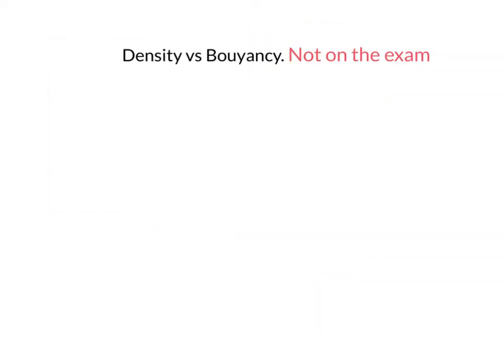As I mentioned, we can use density to decide whether something will sink or float. And whether something sinks or floats is known as buoyancy. So density and buoyancy are very, very closely related, but they are not the same. So this will not be on the exam. I just wanted to explain a few things because sometimes people get confused about it, and that way you can see how density and buoyancy relate to your life.